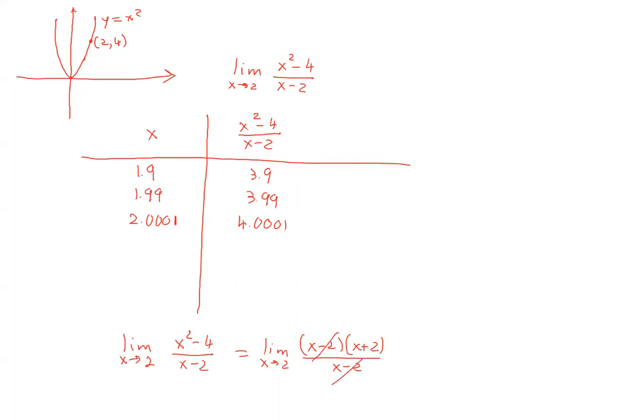These two things cancel each other, and we get to a situation where it seems that we should be able to plug in. And if we plug in, we find 4, which aligns perfectly with the little table that we had on the top.